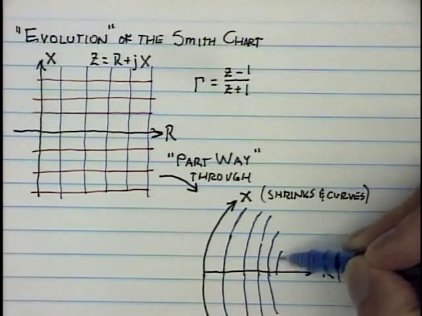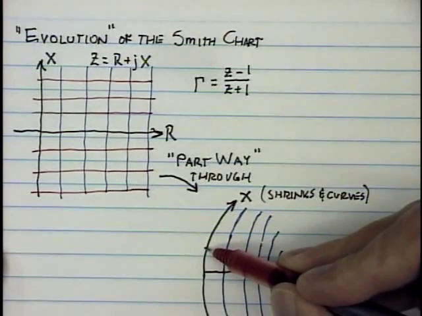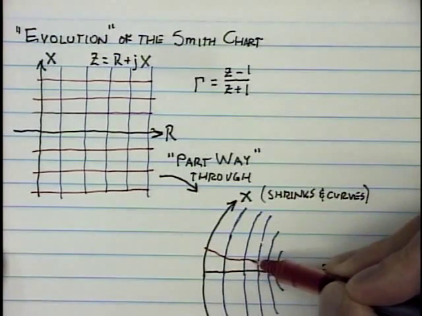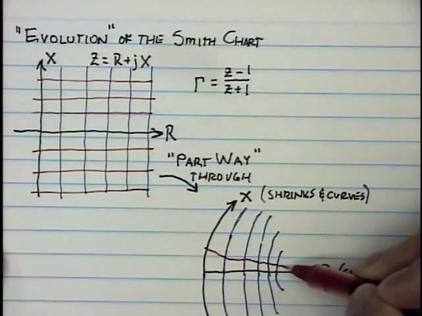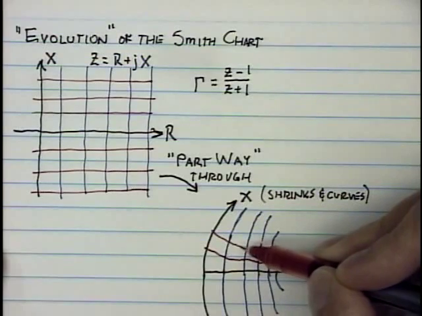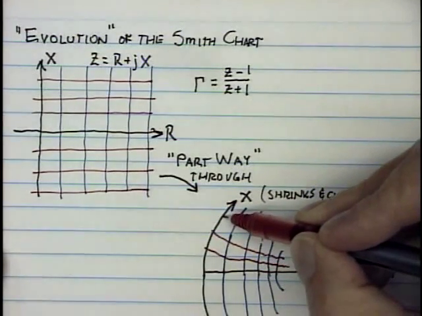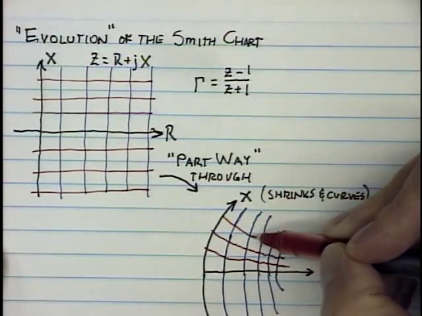And the lines of constant x also become curved. They still intersect the blue lines at right angles, but in order to do that, they've got to start curving.